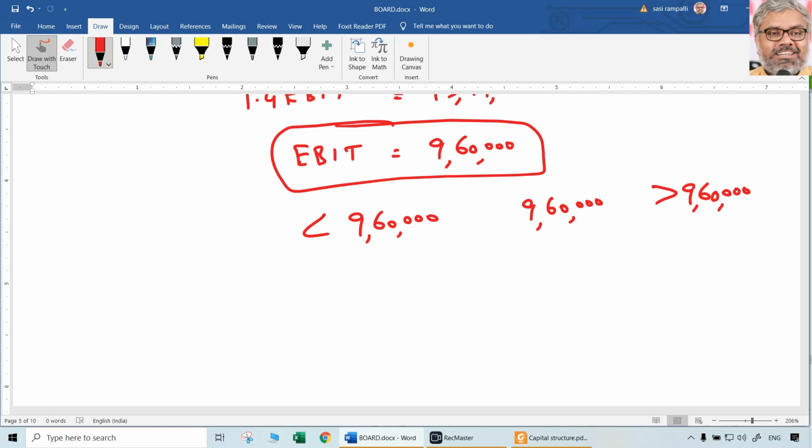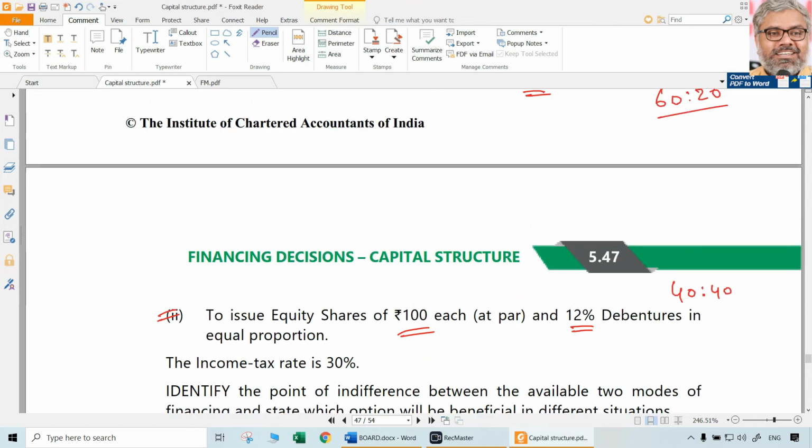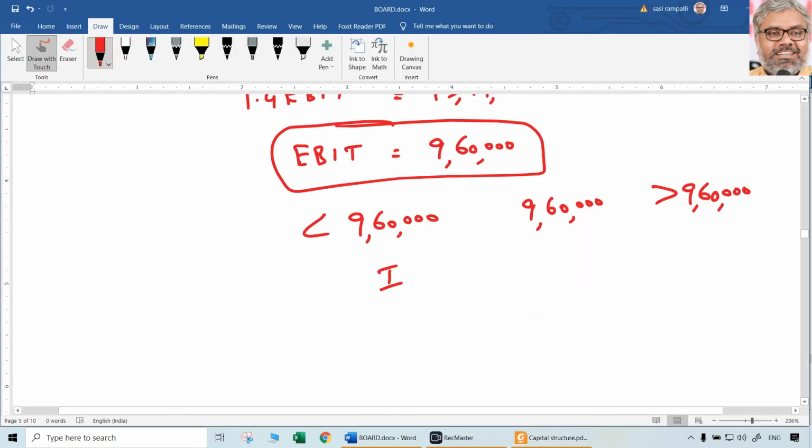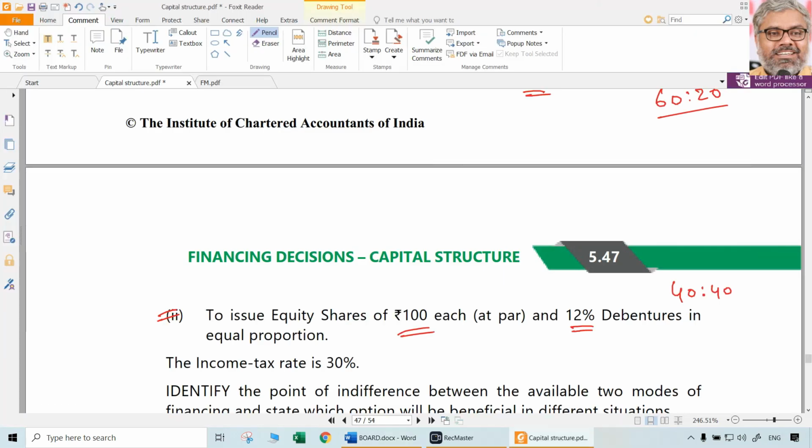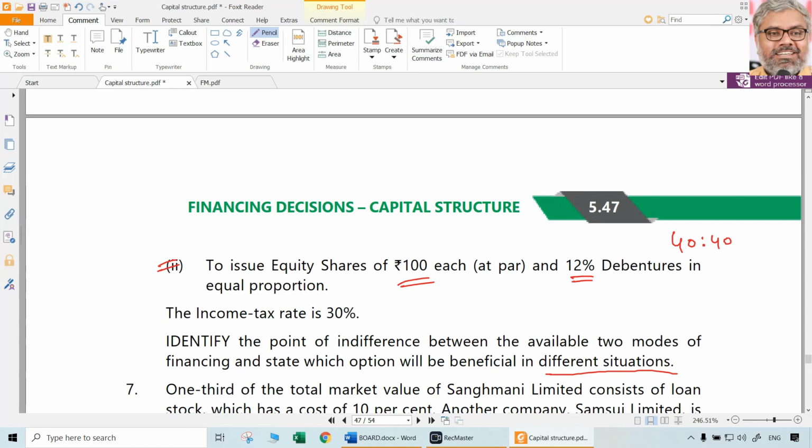So when EBIT is lesser, less debt is good. So obviously, below 9,60,000, option 1 will be better because it has less debt, only 20 lakhs debt. At 9,60,000, both options are the same. Indifference point is there. But if the EBIT crosses 9,60,000, option 2 becomes better because of the debt being more.